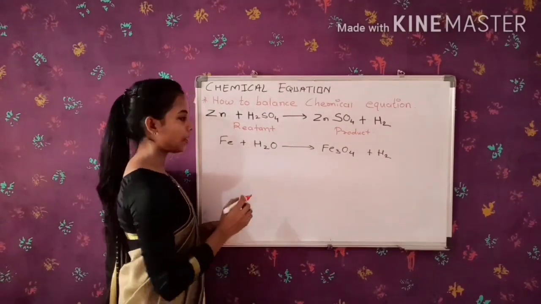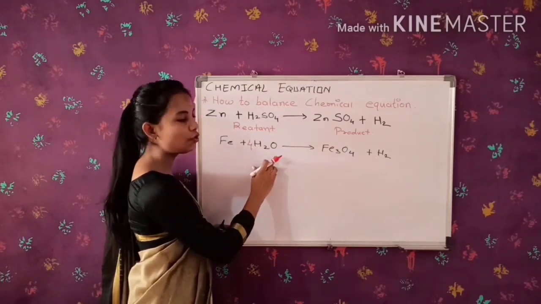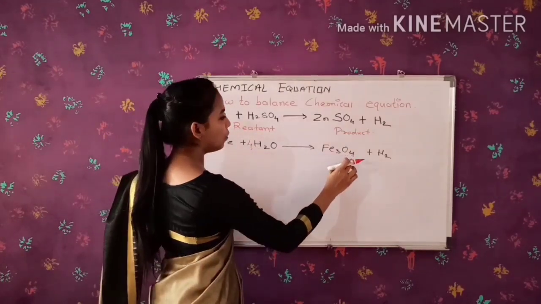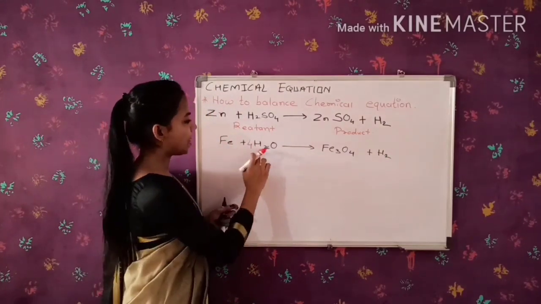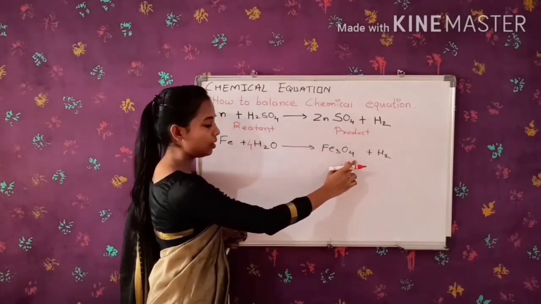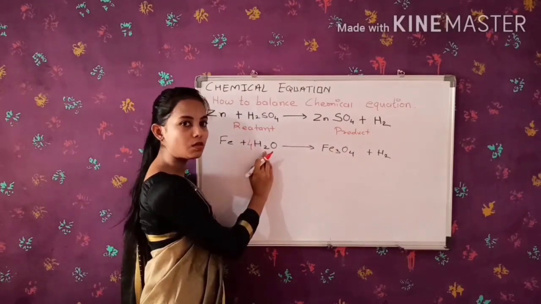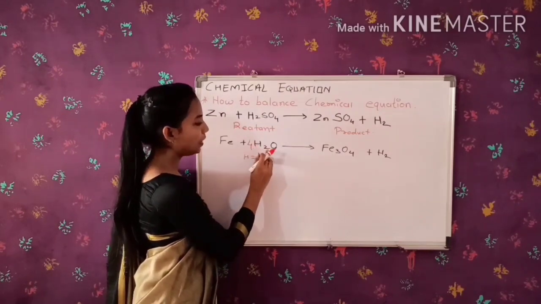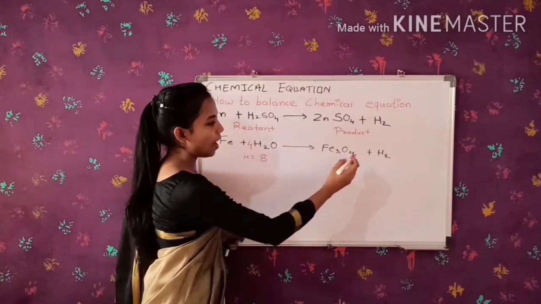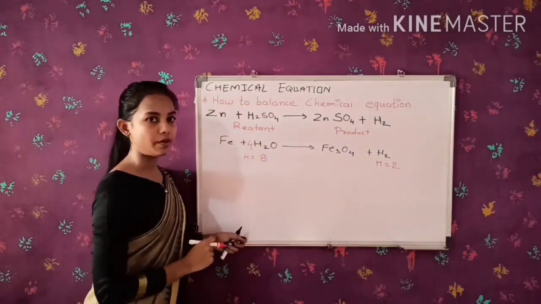So the reaction we obtained is Fe plus 4H2O gives Fe3O4 plus H2. Now we can see we have already balanced the oxygen atom. But by balancing the oxygen atom, we can see now the hydrogen atom is not balanced. Here hydrogen atoms are 4 into 2, 8, and here there are just 2 hydrogen atoms.